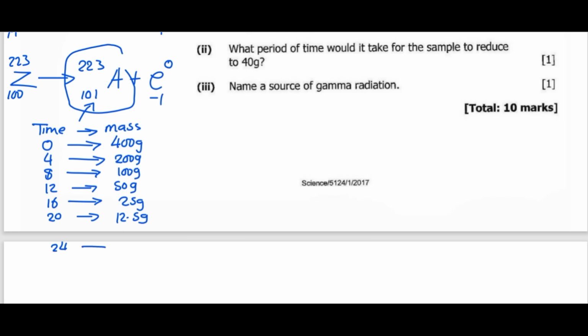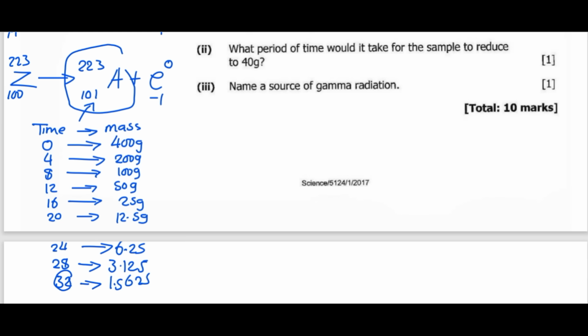After 24, we are dividing by 2, so 12.5 divided by 2, we get 6.25. Then after 28, we get 3.125. Then after 32, I'm getting 1.5625. So the key point is after 32 years.